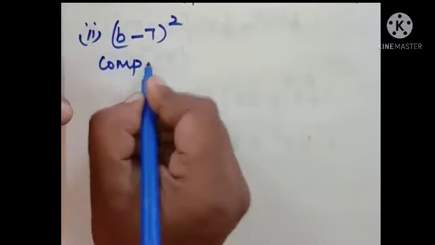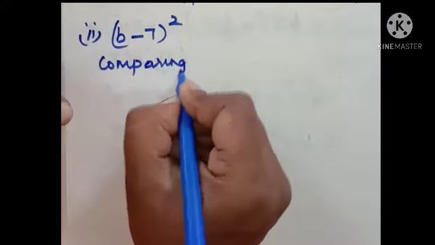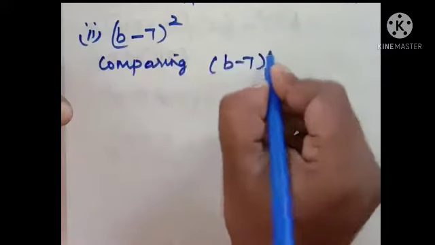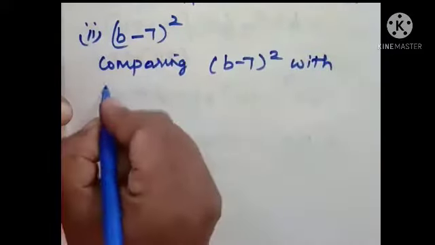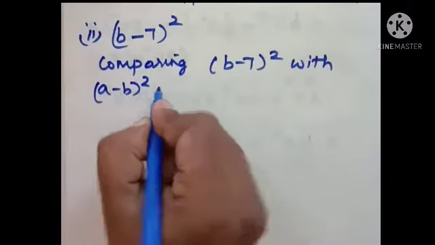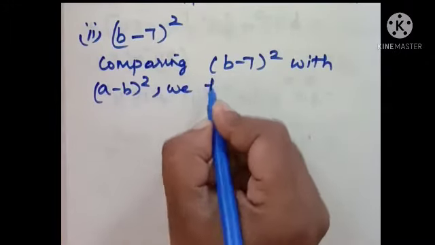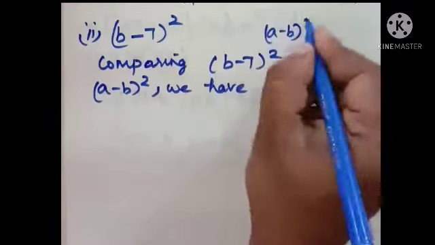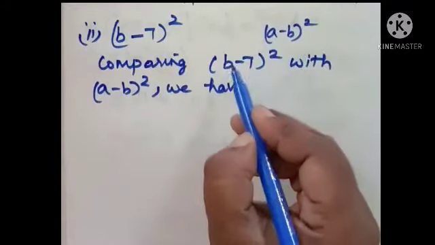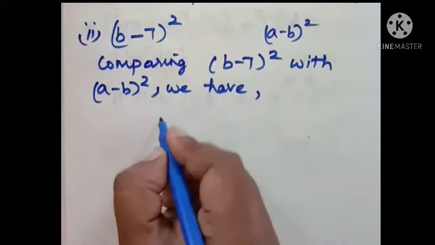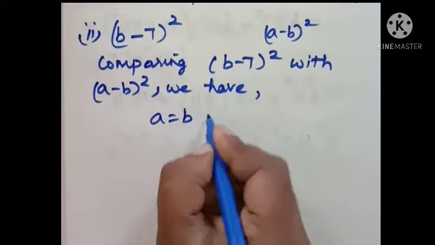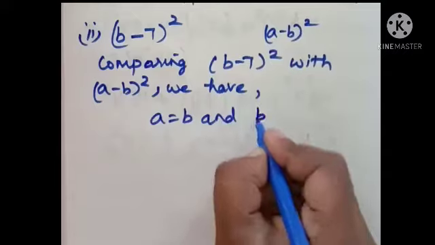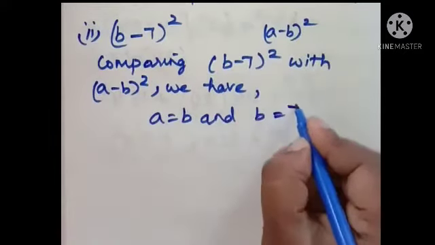Now comparing (b − 7)² with (a − b)². In place of a, here it is b. a is equal to b, and in place of b, here it is 7.